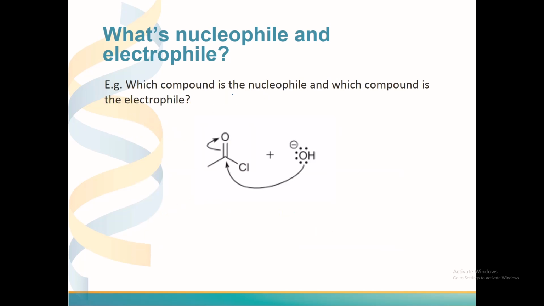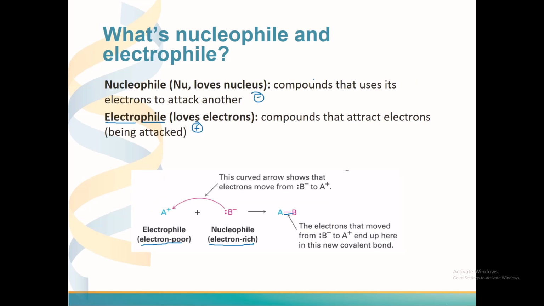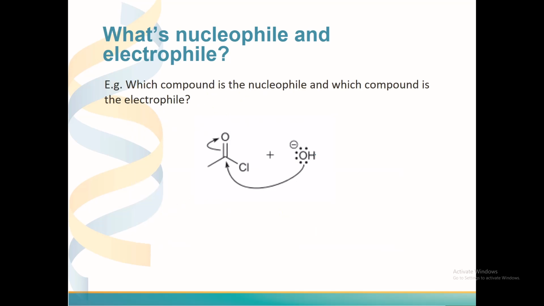Example: which compound is the nucleophile and which compound is the electrophile in this case? You can guess it first. Okay, now let's go through it. By definition, a nucleophile is a compound that uses its electrons to attack another, which means this is the nucleophile because it's using the electrons to attack the carbon.